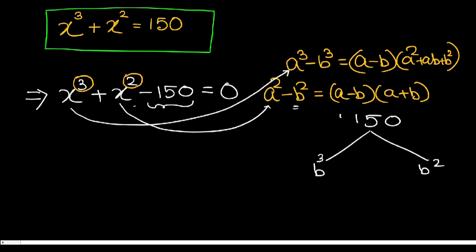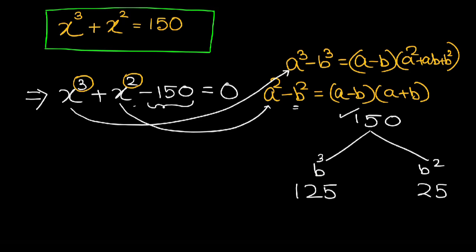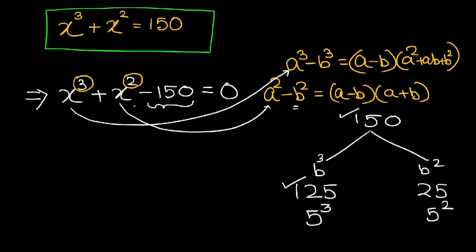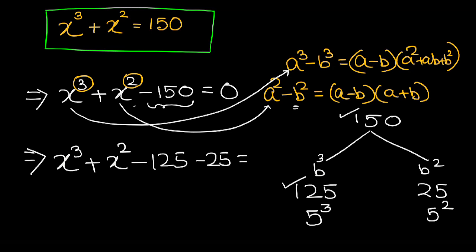If we write 150 as 125 and 25, then it will become 150, and as we know 125 is 5 cube and 25 is 5 square. So we can write this equation as x cube plus x square minus 150. We can write it as minus 125 minus 25 is equal to 0.